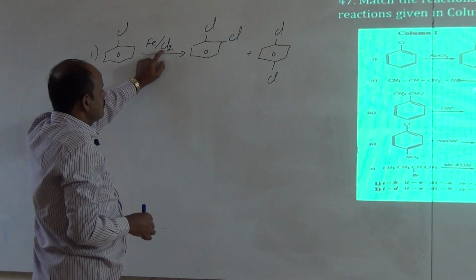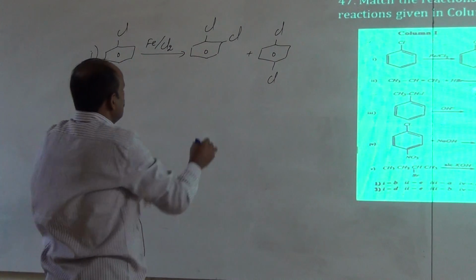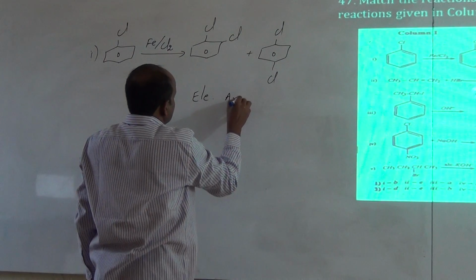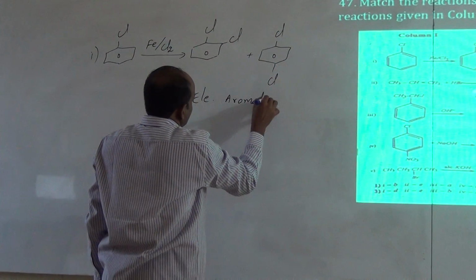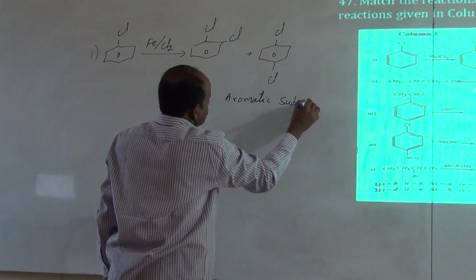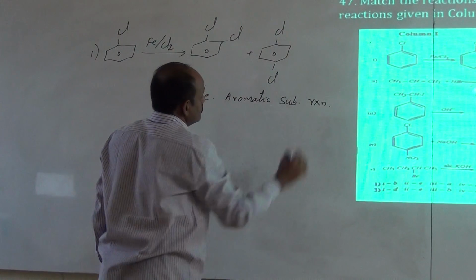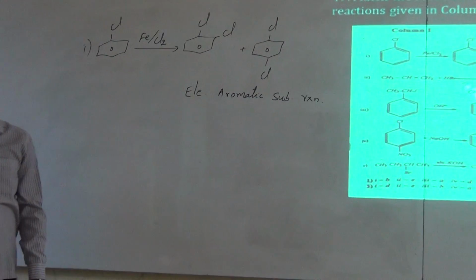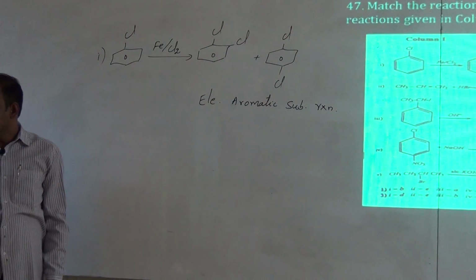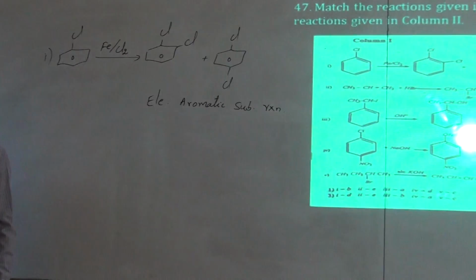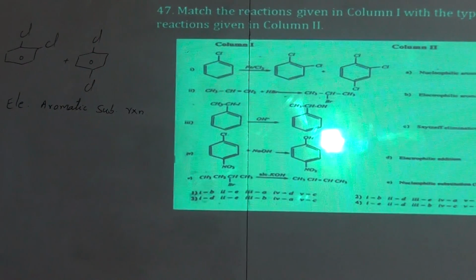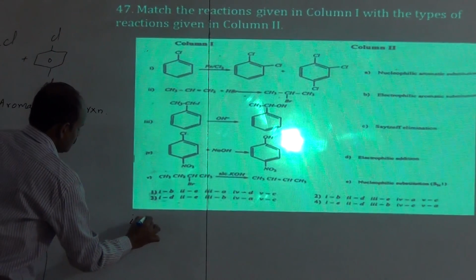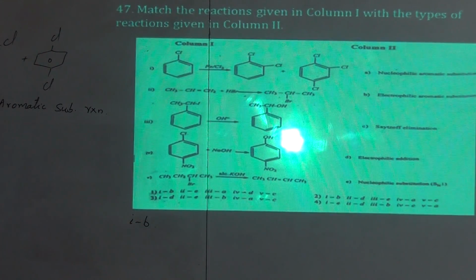So here halogenation takes place through electrophiles, hence it is the electrophilic aromatic substitution reaction. Okay. So which option is that? First one, nucleophilic aromatic substitution, no. B is electrophilic aromatic substitution. So it is the B option. That's the first bit, B is the correct answer.